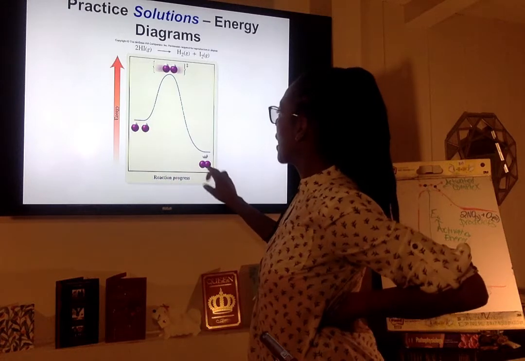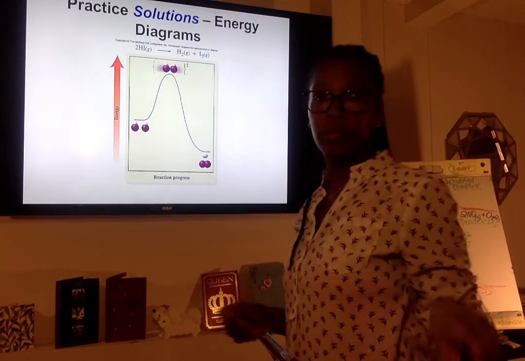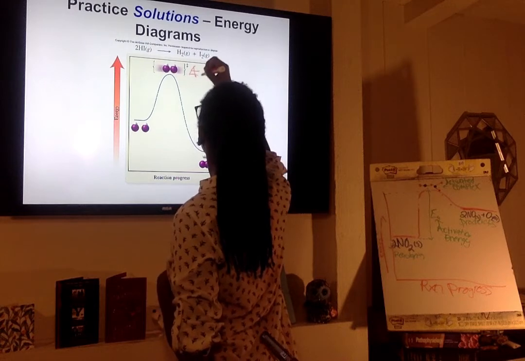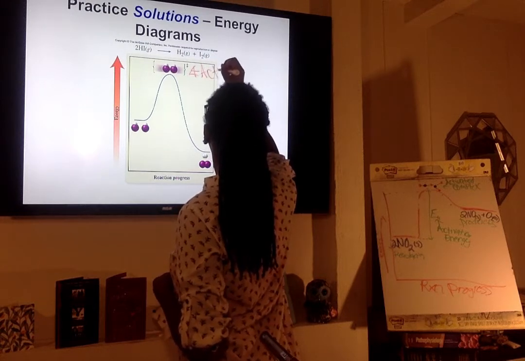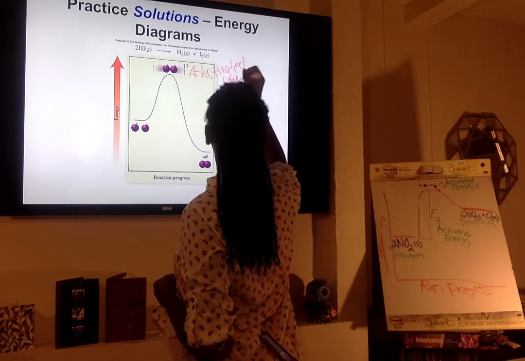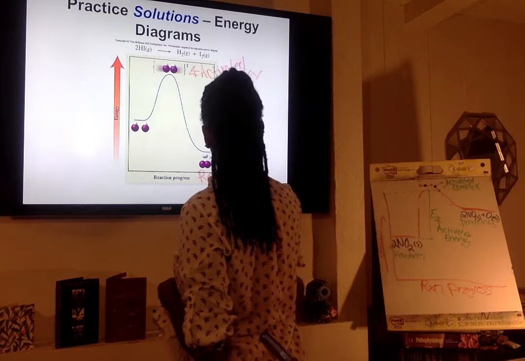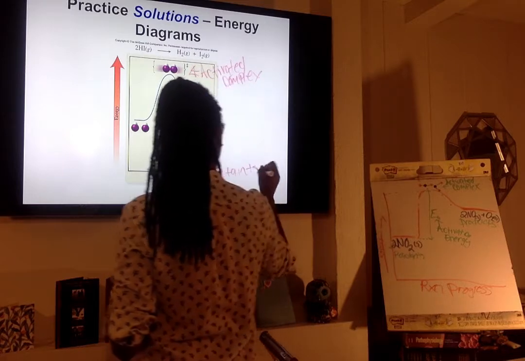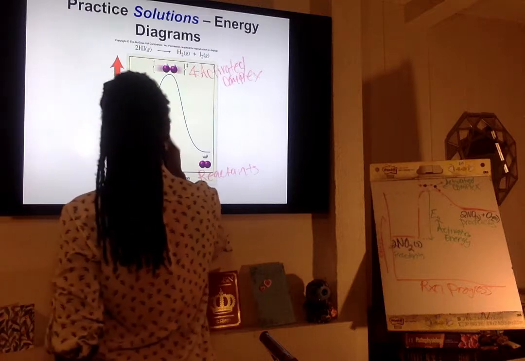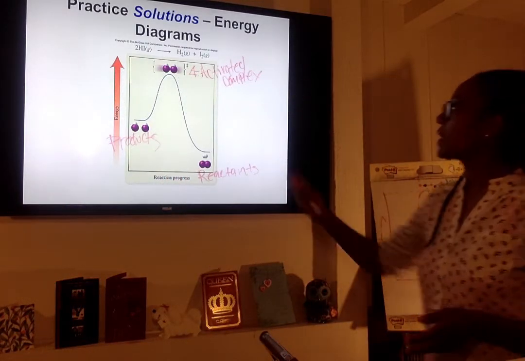If we're going from the reactants to the products, what is this area called? The activated complex. So you have your reactants to your products, and you have your activated complex.